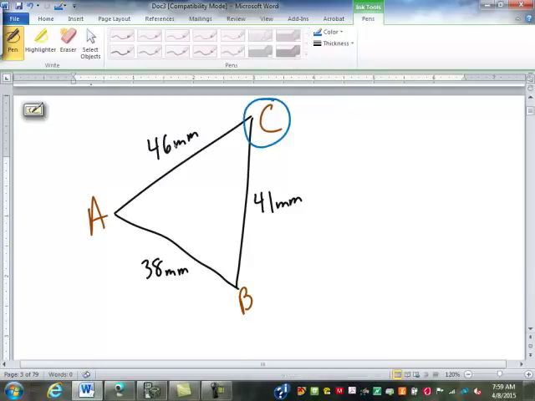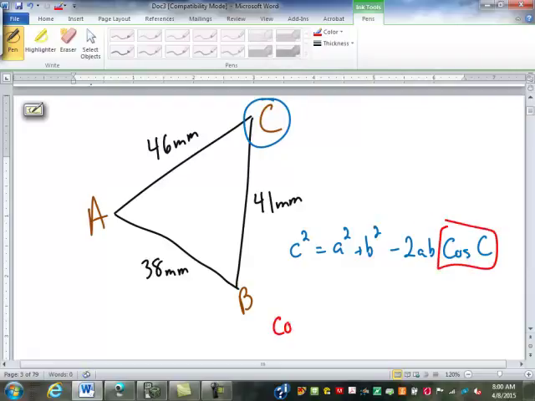Cody wants C, so we'll go for C. From the formula we worked on yesterday, since C squared equals A squared plus B squared minus 2AB cosine of angle C, we could solve this for the cosine of angle C. And what we came up with was the cosine of angle C is equal to C squared minus A squared minus B squared over negative 2 times A times B. That's the cosine, so then we'd have to do the inverse cosine of that.